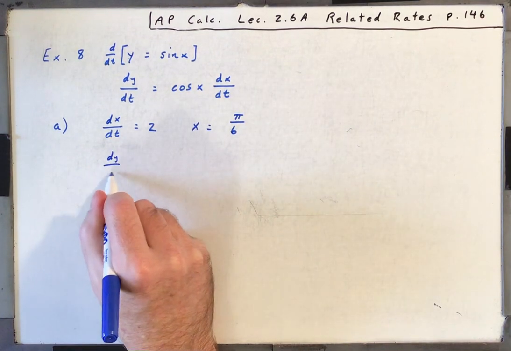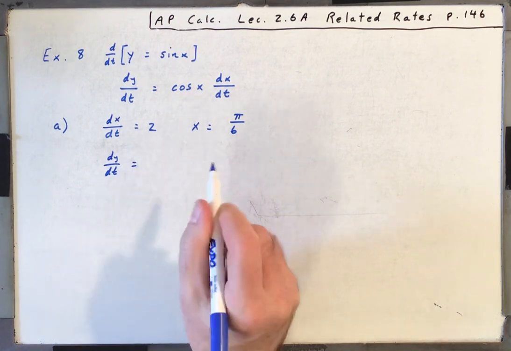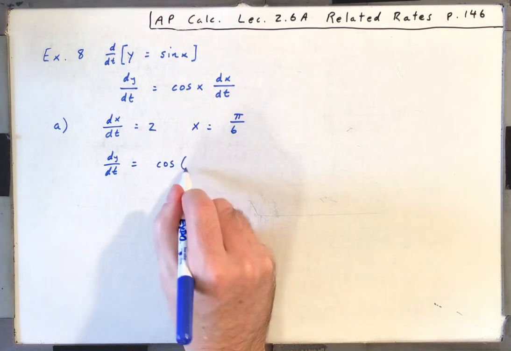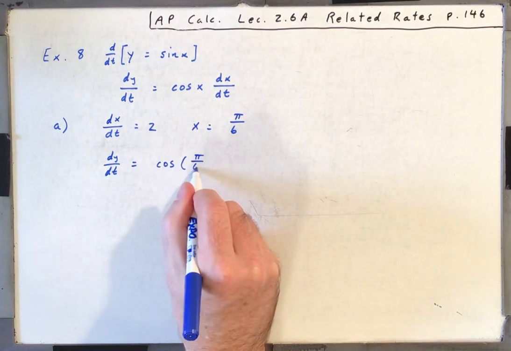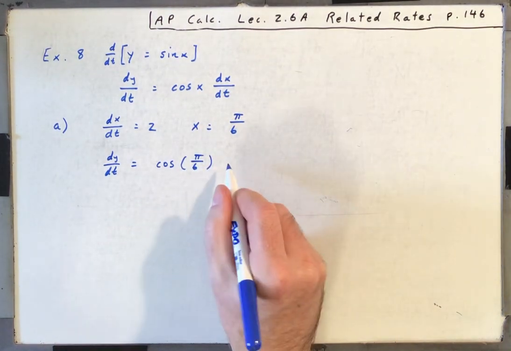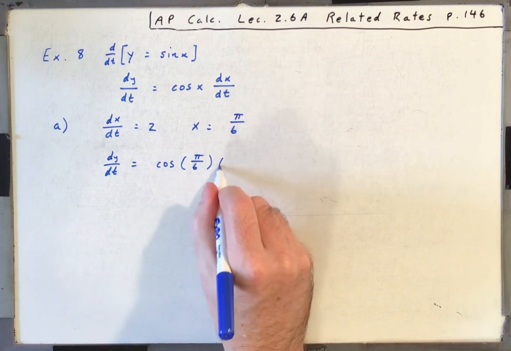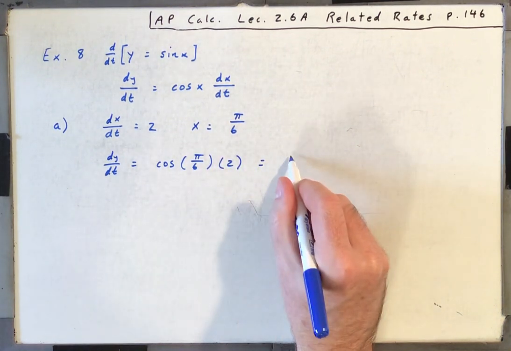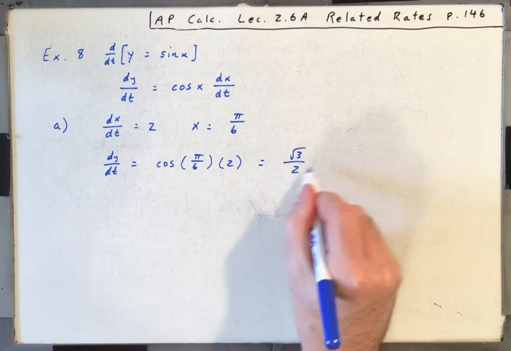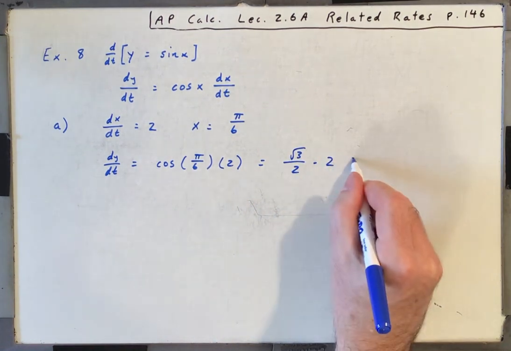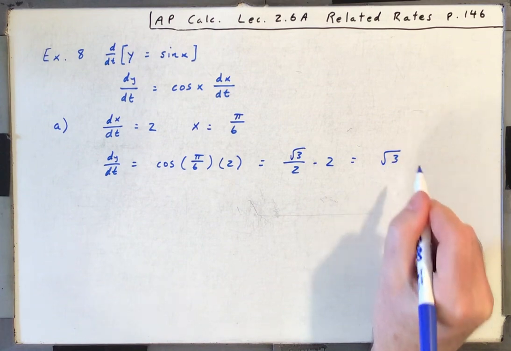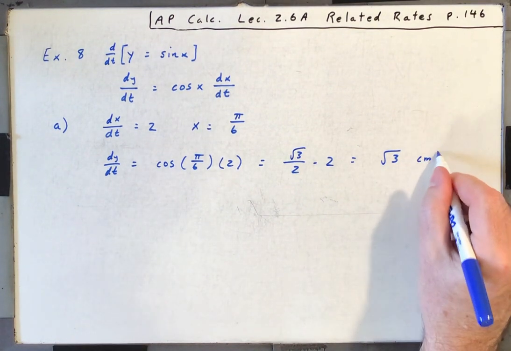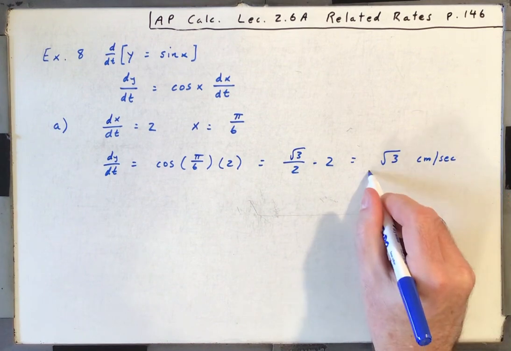So dy/dt is equal to cosine pi over 6 times dx/dt, which is 2. Well, the cosine of pi over 6 is the square root of 3 over 2 times 2. The 2's will cancel, and you have the square root of 3 centimeters per second.